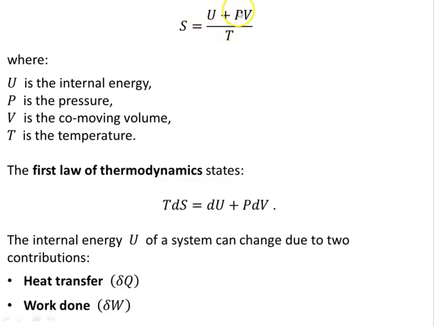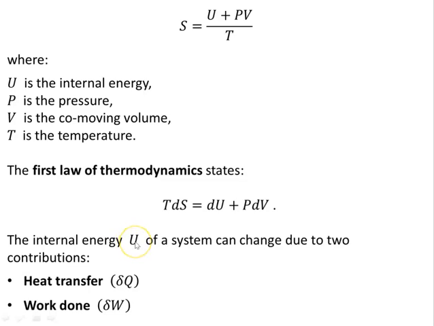So S equals (U plus PV) over T, where U is the internal energy, P is the pressure, V is the co-moving volume, we'll talk about that shortly, and T is the temperature. Now, the first law of thermodynamics states that T dS is equal to dU plus P dV. So the internal energy of a system can change due to two contributions, heat transfer and work done.